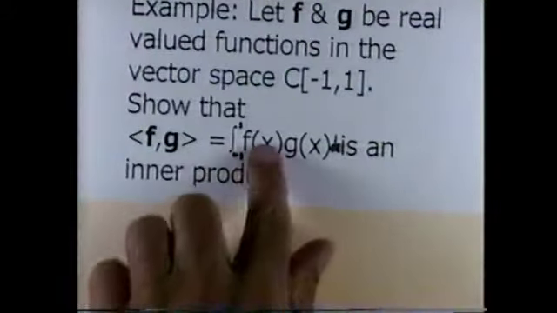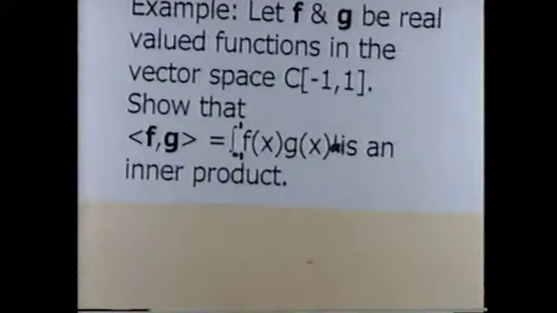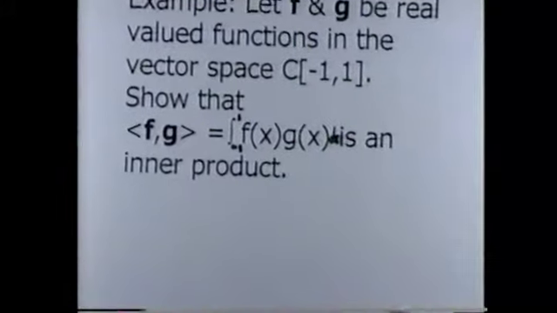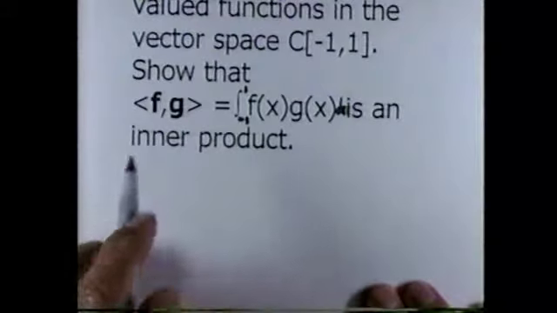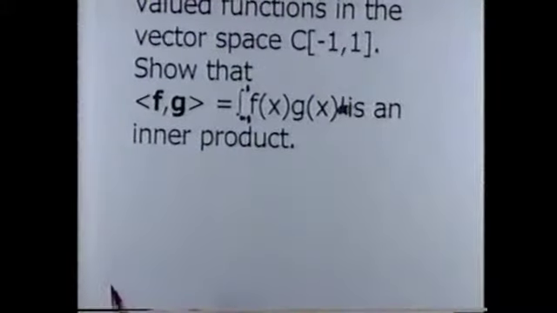In other words, that it does indeed satisfy the four properties. Well, to show that it satisfies the four properties, we just have to show that it's commutative, distributive, you can multiply in the constant, and that the inner product of a function with itself is positive or zero.